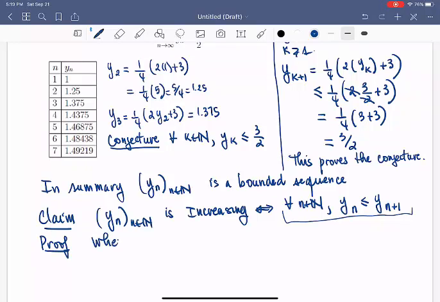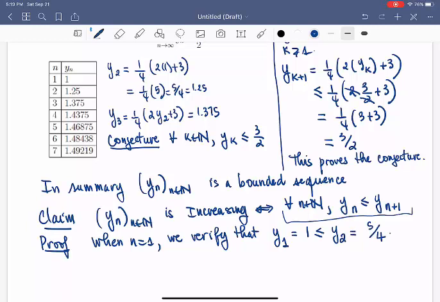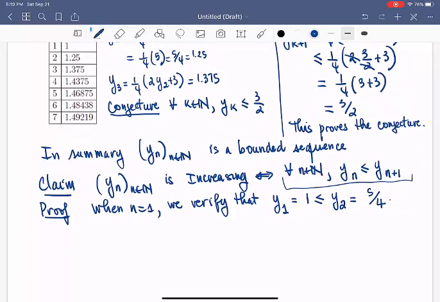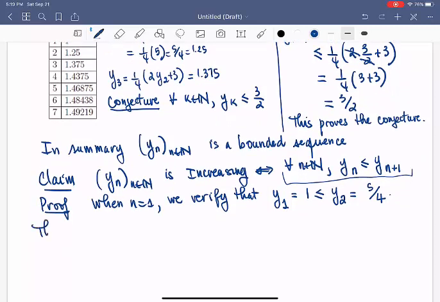When n is 1, we verify that y sub 1, which is 1, is clearly less or equal to y sub 2, which is 5/4. So thus the base case holds.